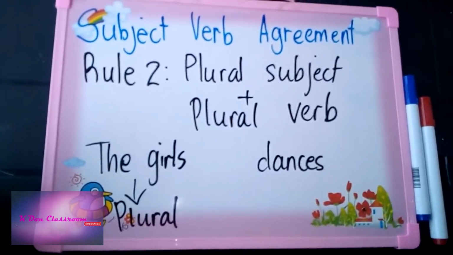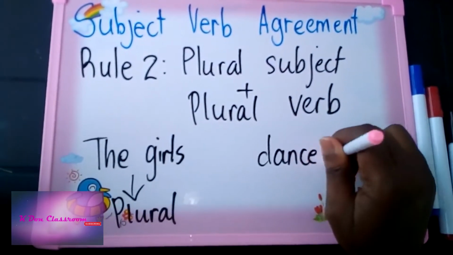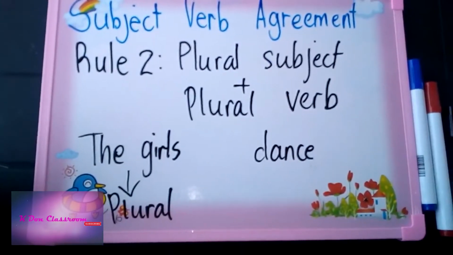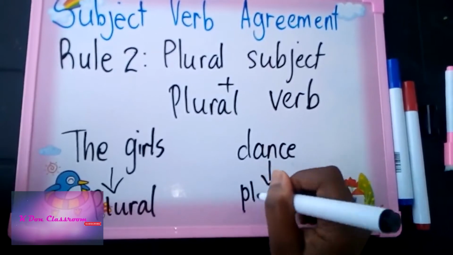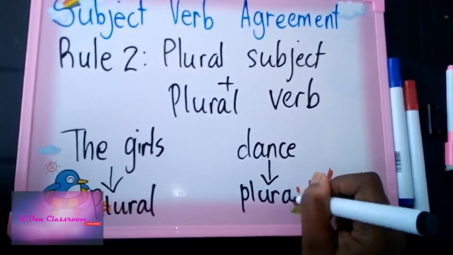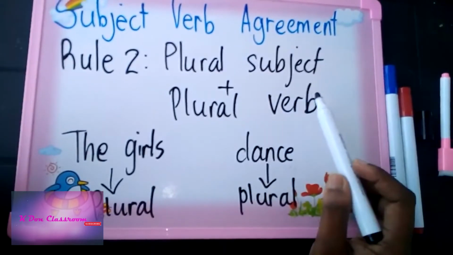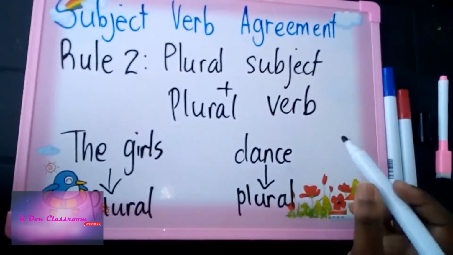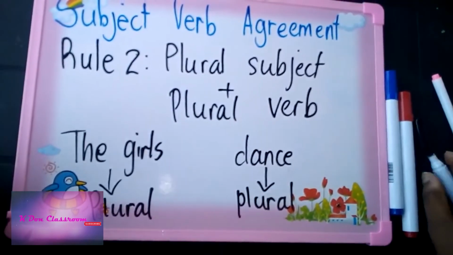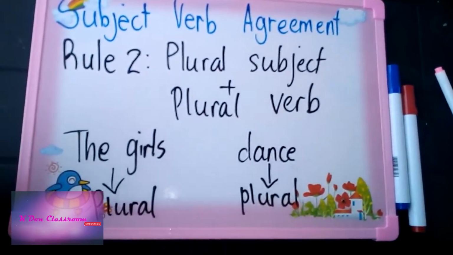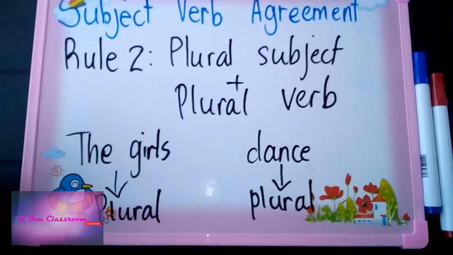So it simply means that we are going to remove the S to show that it is a plural verb. So adding to the rule that we have, when a plural subject takes a plural verb, to show that our verb is plural, we do not add the letter S to it. We leave the verb as is.